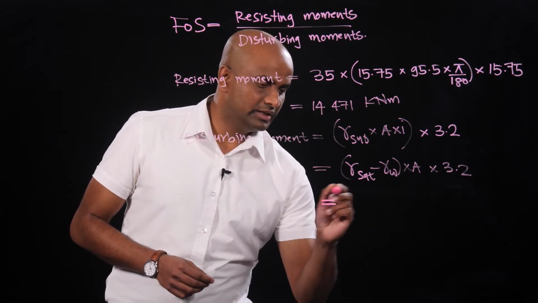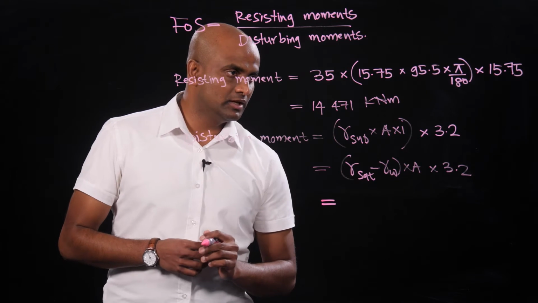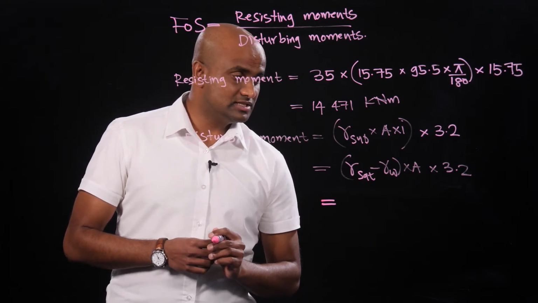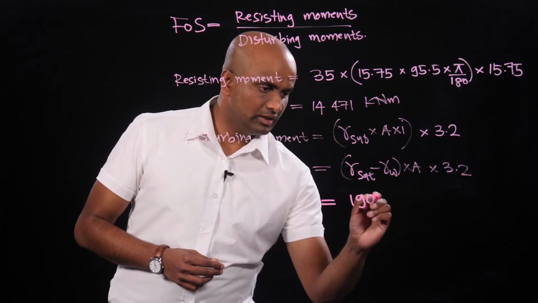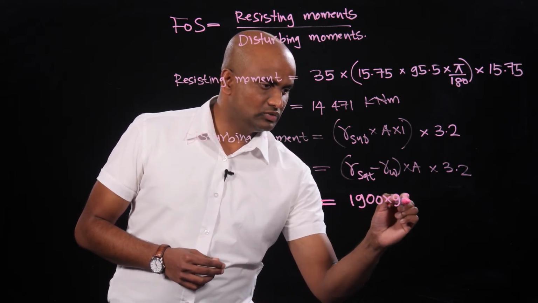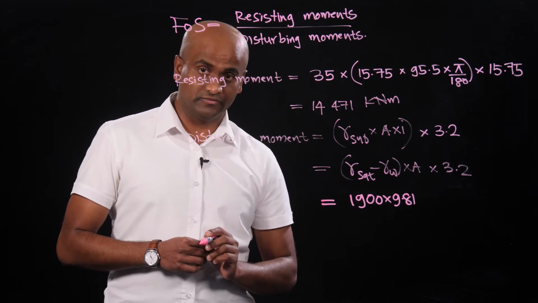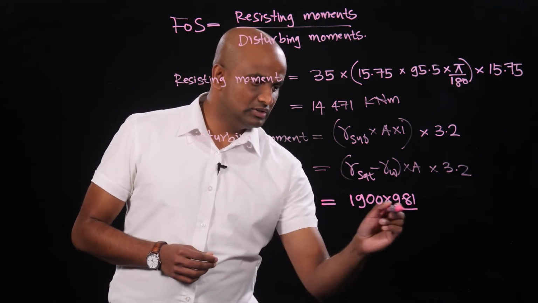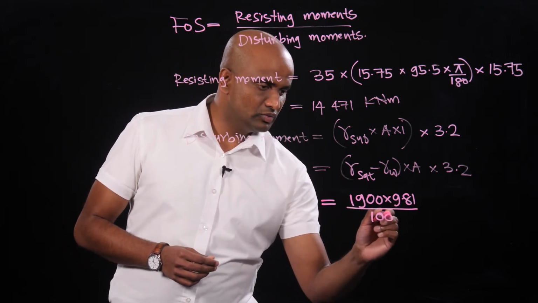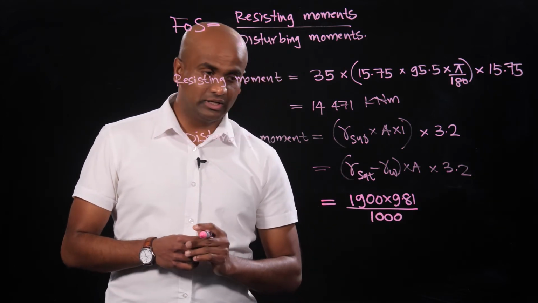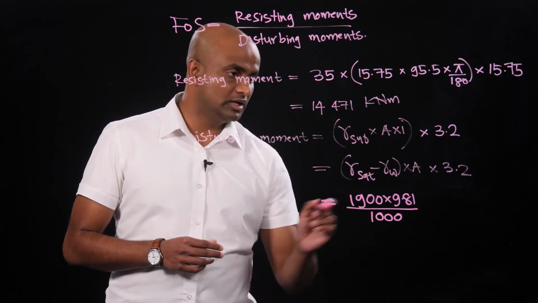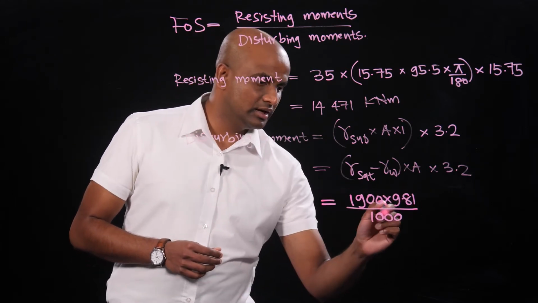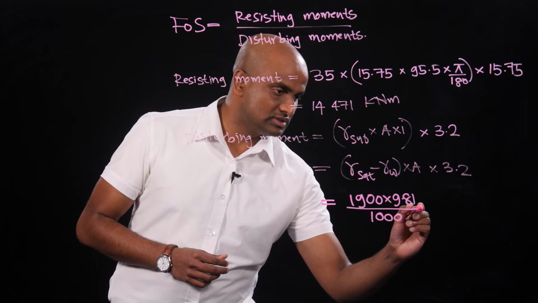Gamma saturated is the unit weight of the saturated soil. The density of the saturated soil is given as 1900, so we multiply that by 9.81 to get the unit weight, and divide by 1000 to make it kilonewton per cubic meter, otherwise it will be in newton per cubic meter. To be consistent with other units, I will divide by 1000.